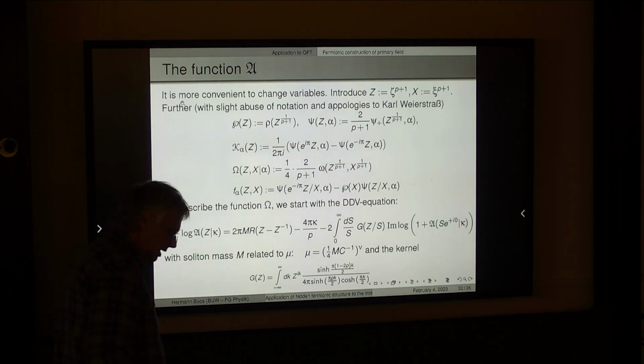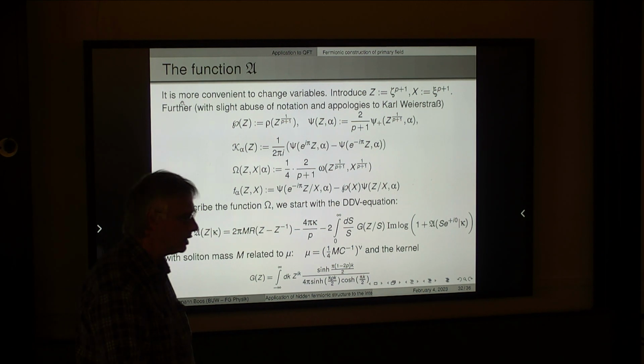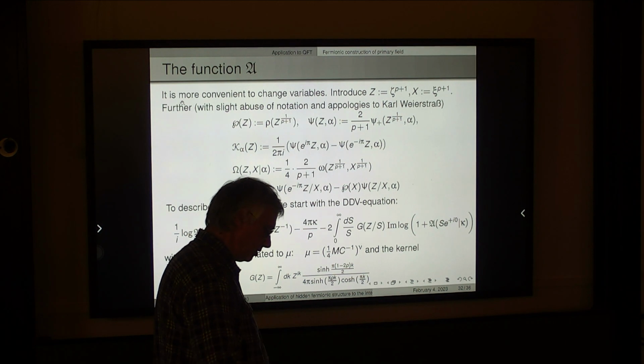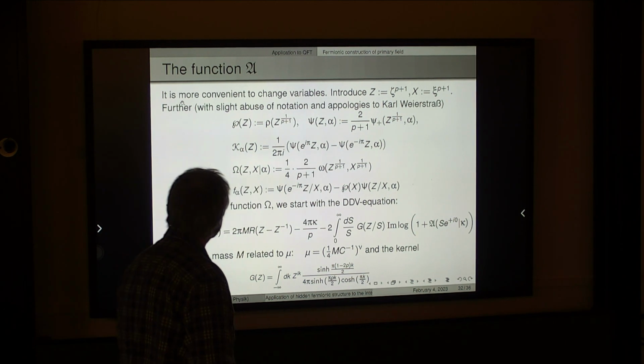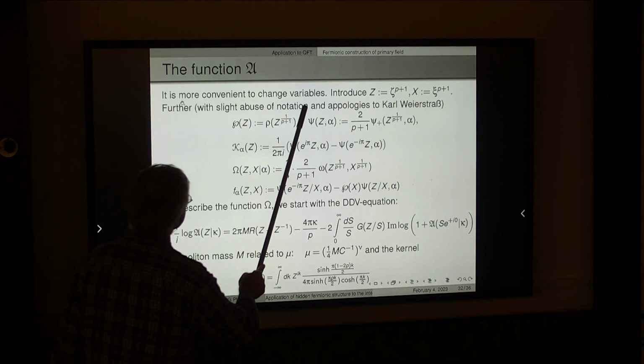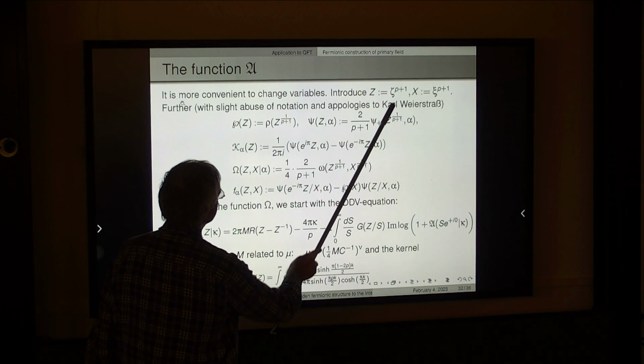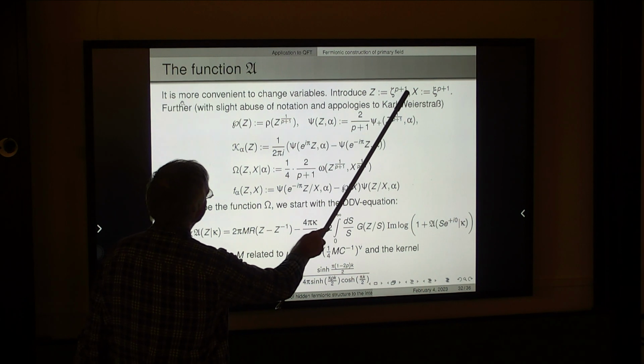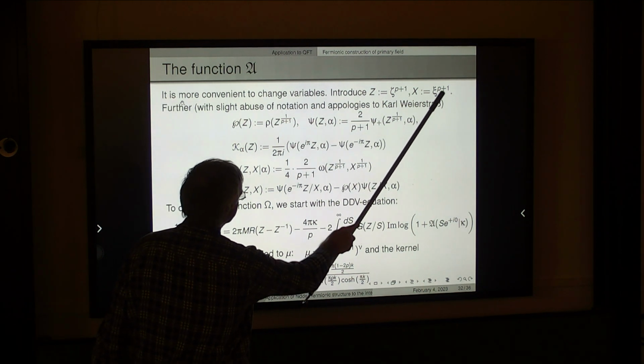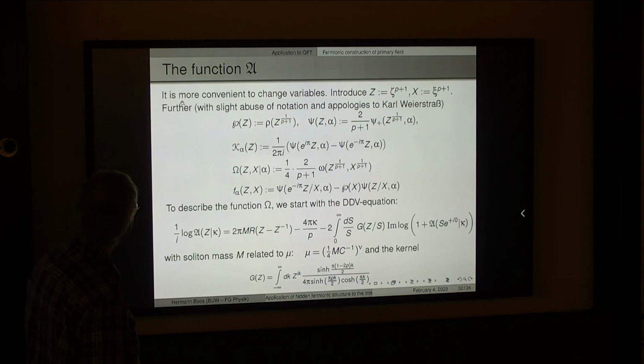So now I wish to look at asymptotics of our function omega in this scaling limit, and it's more convenient to change variables, and it uses z for zeta in power p plus 1 and x for psi in power p plus 1.